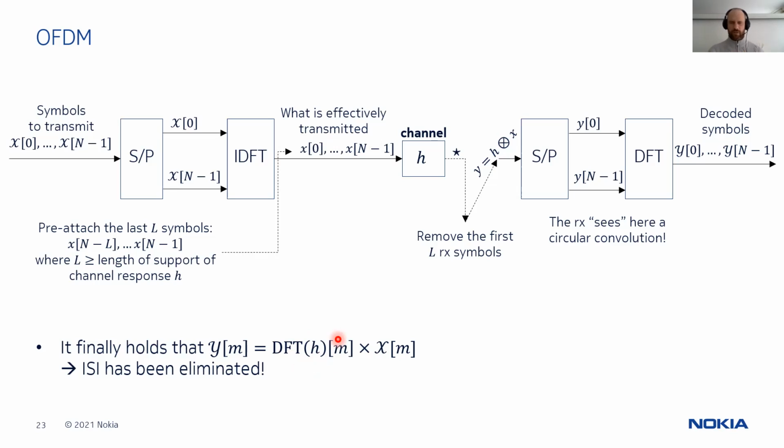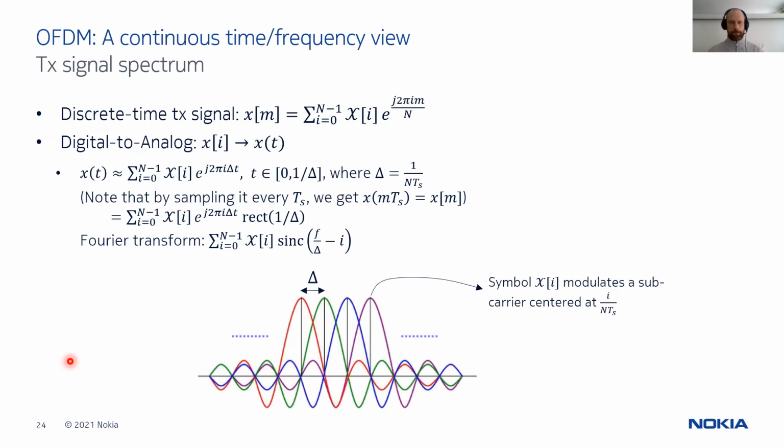Here I omitted noise for simplicity, but the same thing can be said for noise. You will have plus a DFT of the noise, but the DFT of the noise is still noise. So we achieved what we wanted.